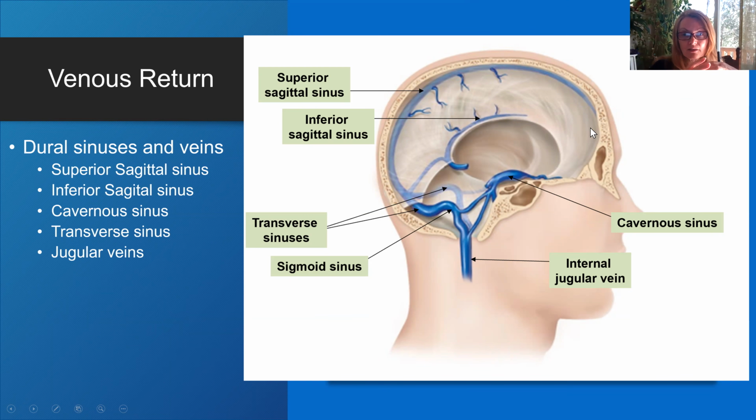So they all collect blood from the brain and drain it into the internal jugular vein, and then finally into your superior vena cava, right? But that's venous return.